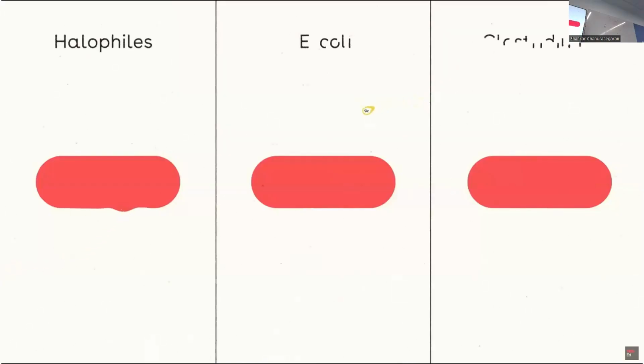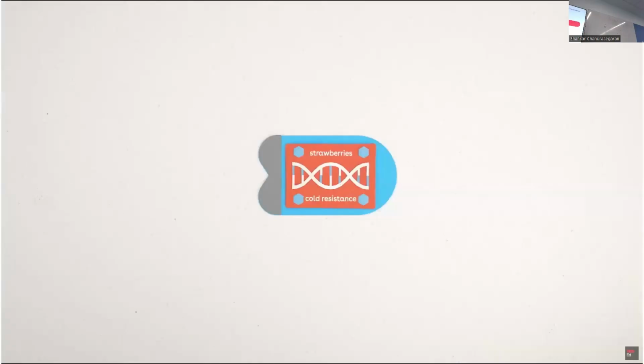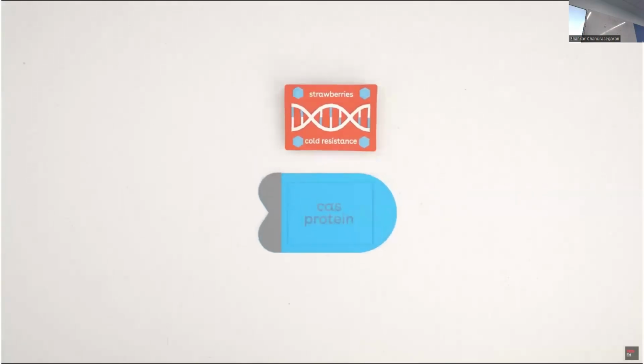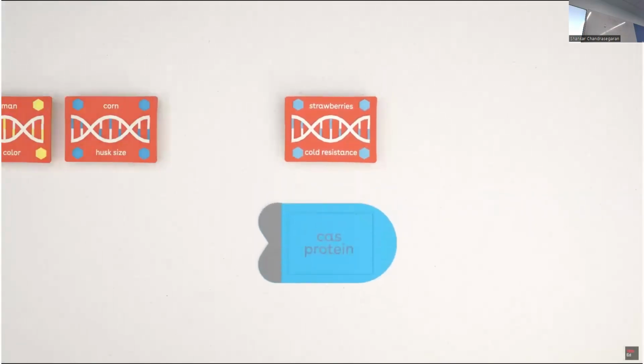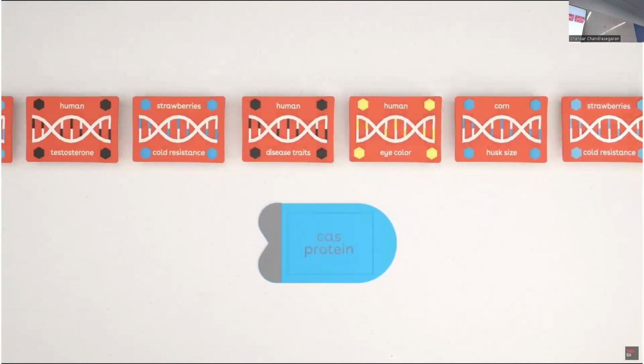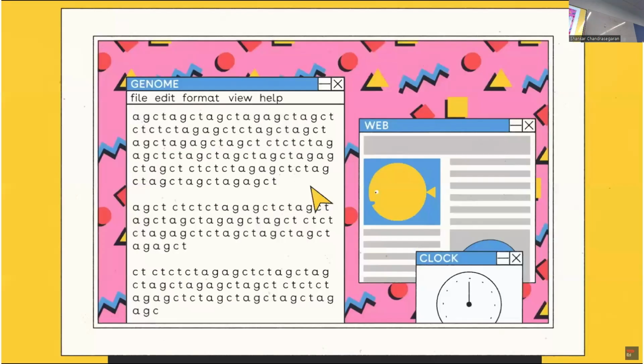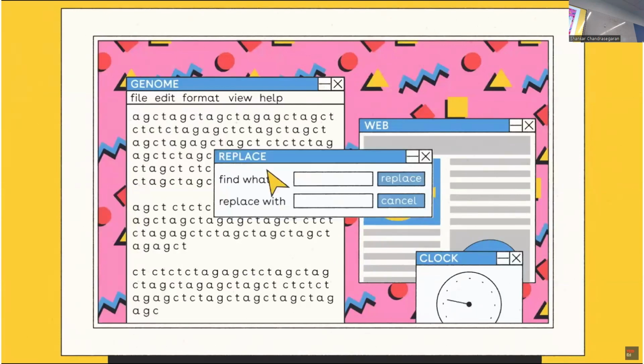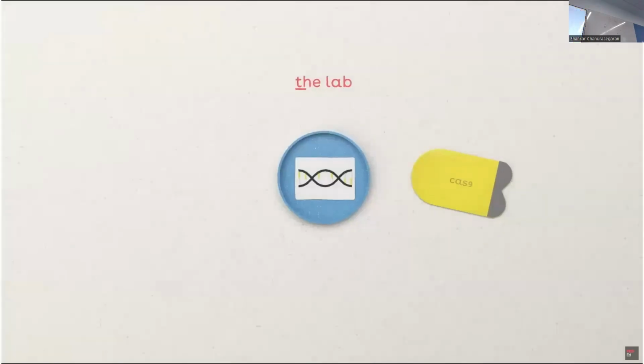Lots of bacteria have this type of defense mechanism, but in 2012, scientists figured out how to hijack CRISPR to target not just viral DNA, but any DNA in almost any organism. With the right tools, this viral immune system becomes a precise gene editing tool, which can alter DNA and change specific genes almost as easily as fixing a typo.